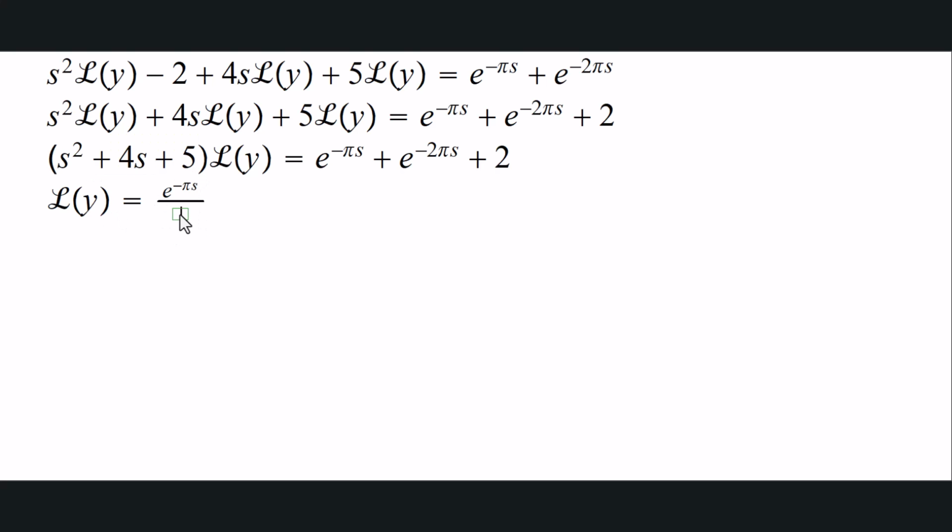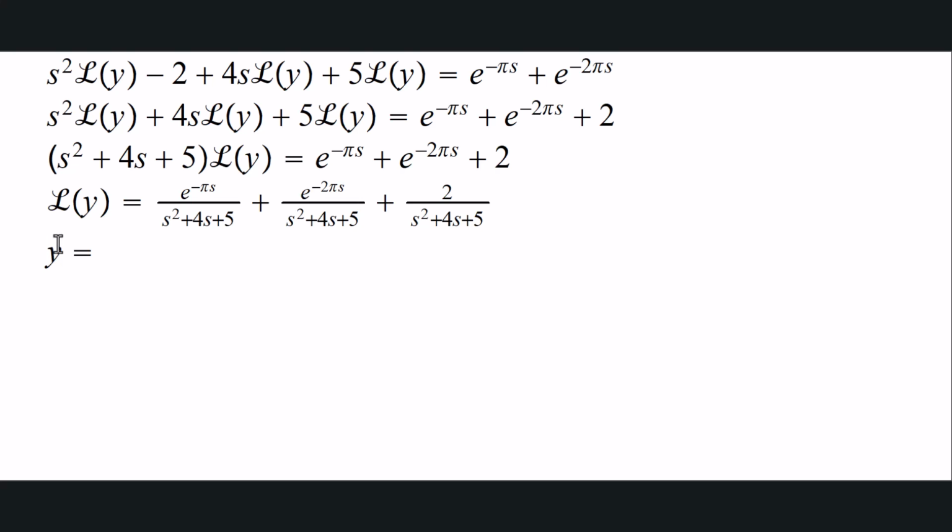Okay, so we got this, and just to save time, I'm just working on it by copying and pasting. I hope you are following what we're doing here. And then here on the top we will have only 2. So what y will be, again, the inverse Laplace transform is going to satisfy the linear property.